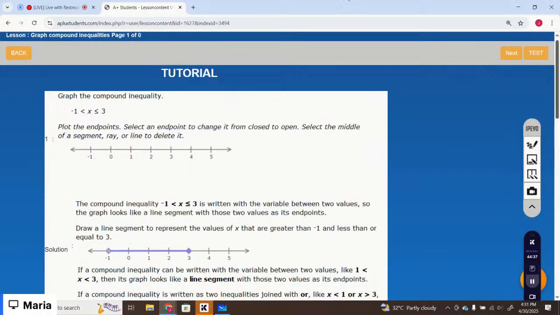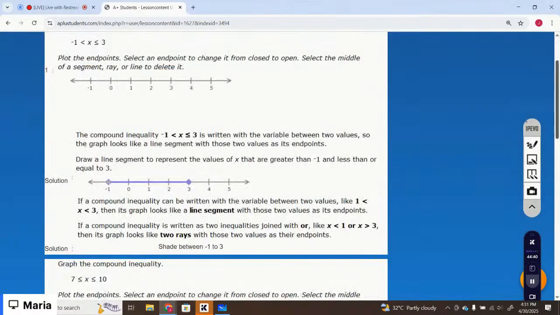Negative 1 is less than x. That means x is greater than negative 1. That means negative 1 is less than x and less than or equal to 3.